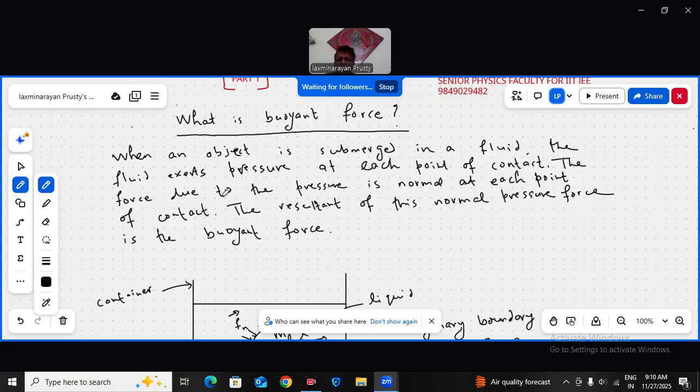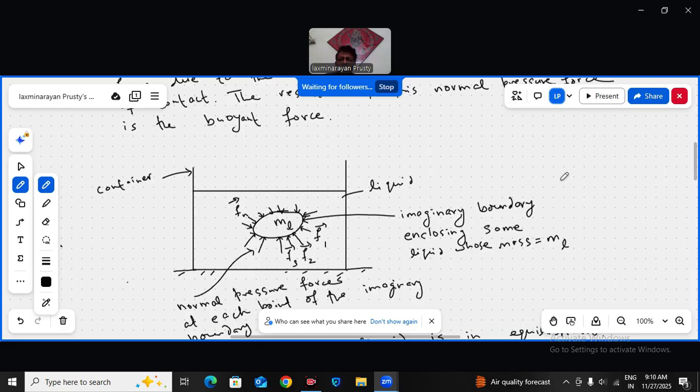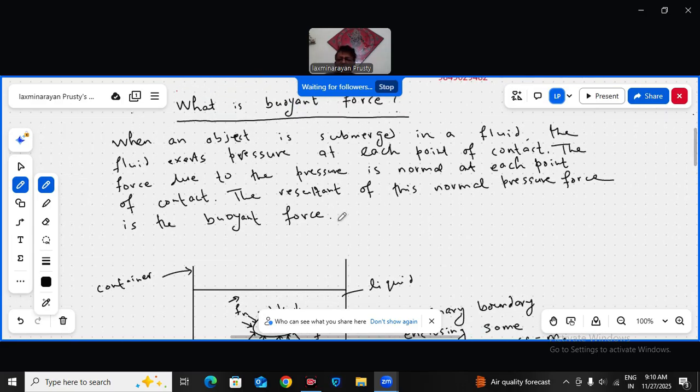The force due to this pressure is normal at each point of contact. That also you must be knowing. The resultant of this normal pressure force, which is acting at every point of the submerged body surface, is known as buoyant force. It is just renamed as buoyant force.